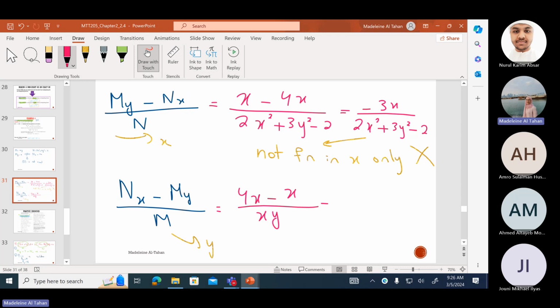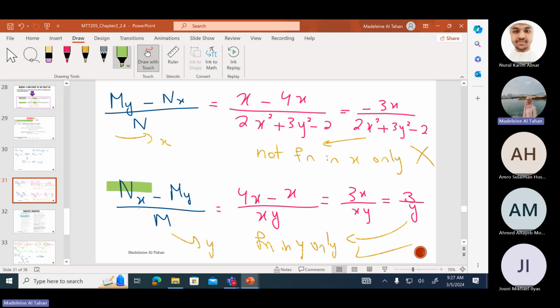What will we get? 3x over xy. Provided that x is not 0, we will get 3 over y. Are you okay with 3 over y? It's a function in y only. So we will use this one in our integrating factor, and this one we will not use it.